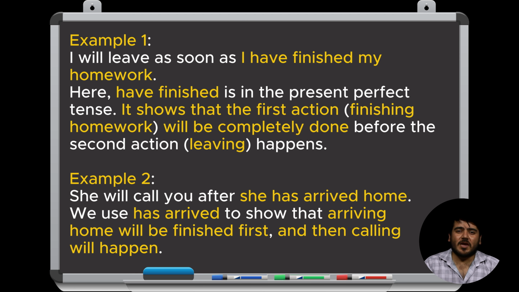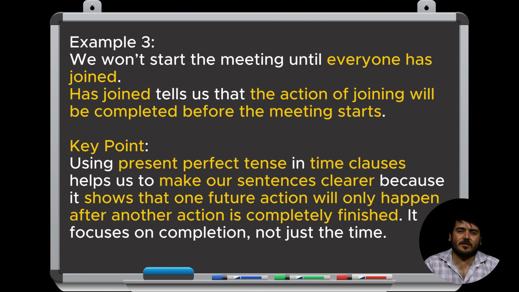Example 2: She'll call you after she has arrived home. We use has arrived to show that arriving home will be finished first and then calling will happen. We won't start the meeting until everyone has joined. Has joined tells us that the action of joining will be completed before the meeting starts.